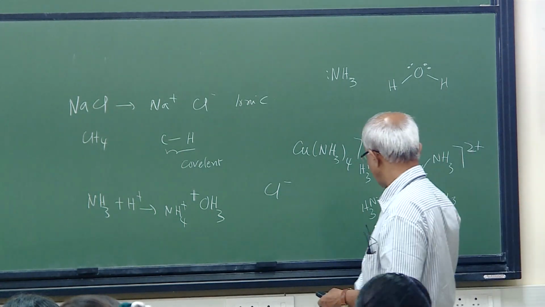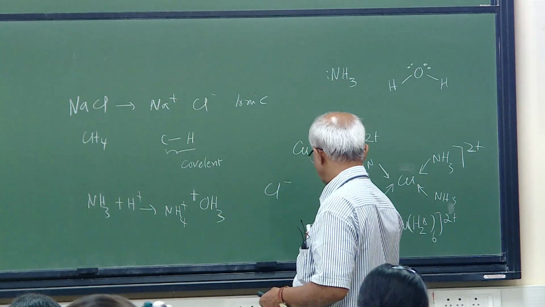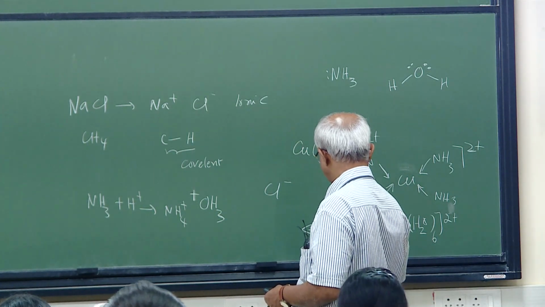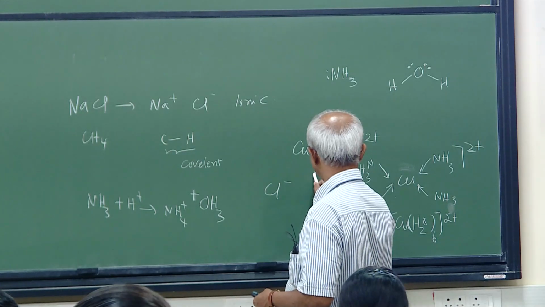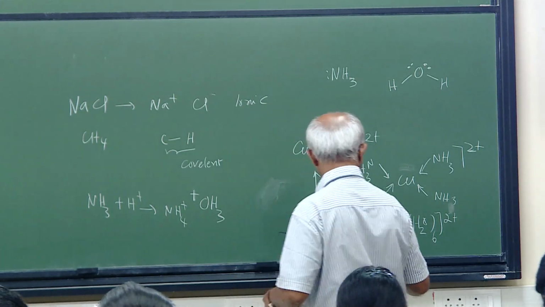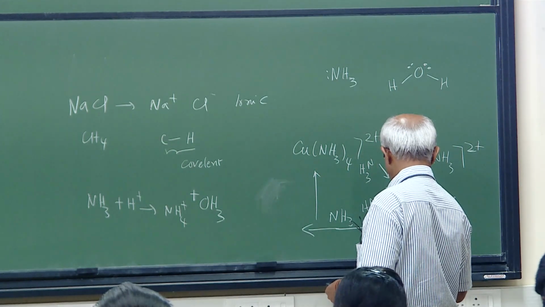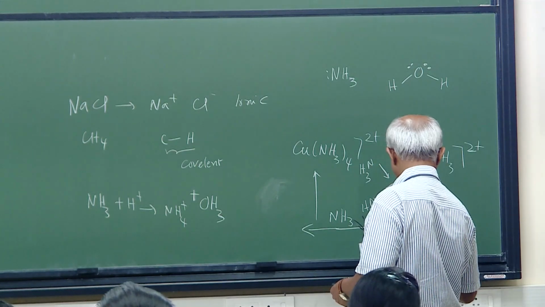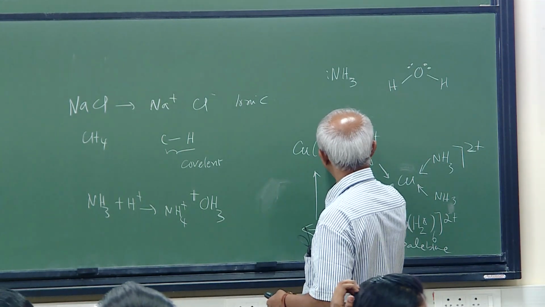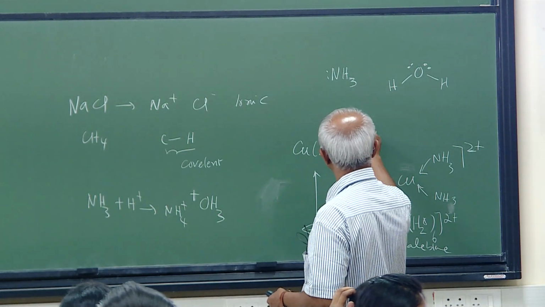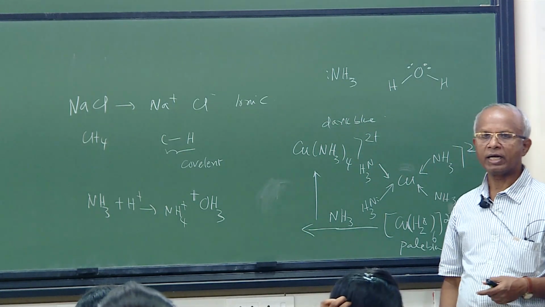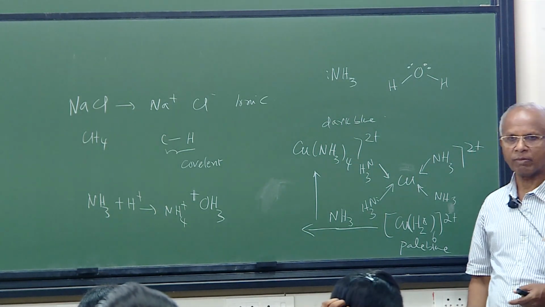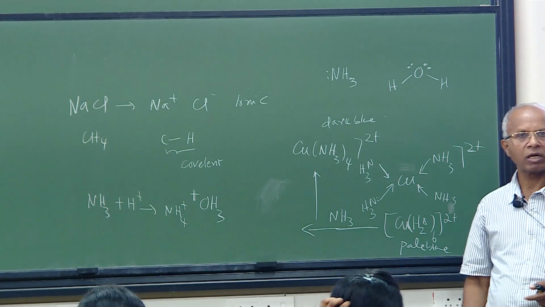But now if I replace this by ammonia, then I get this complex, the copper ammonia complex. This is pale blue, this is dark blue. So the color also depends on the kind of group that is present around the metal, and those kinds of groups are called ligands.